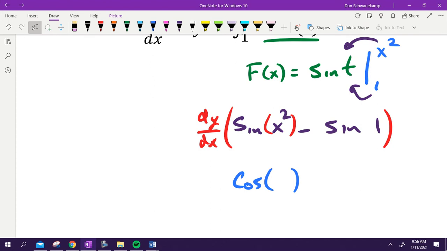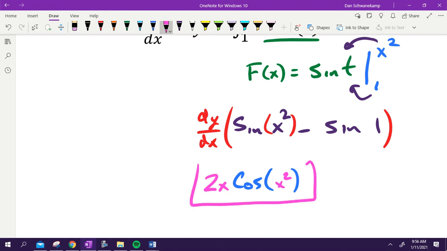And then you are going to rewrite your baby, so x squared, times the derivative of our baby. So what am I going to multiply by? 2x. Then I'm taking the derivative of negative sine 1. What is sine of 1? It's a constant, and so the derivative of that constant goes away. This is my answer. Obviously, I'd rather write it with the 2x in front. But that is my answer.